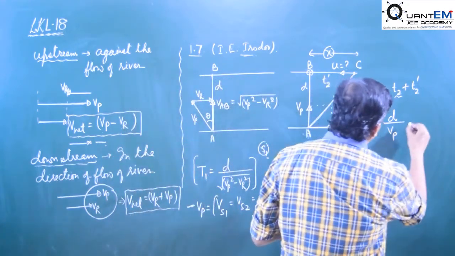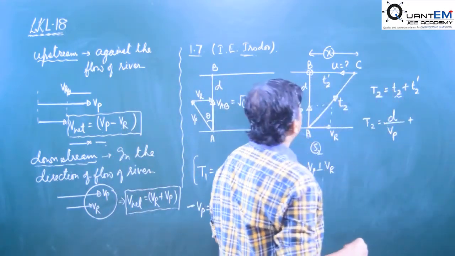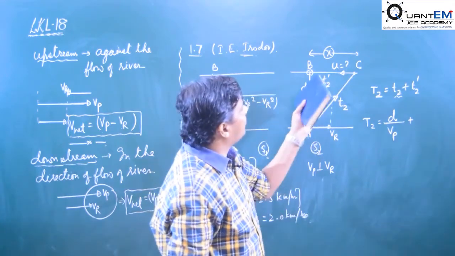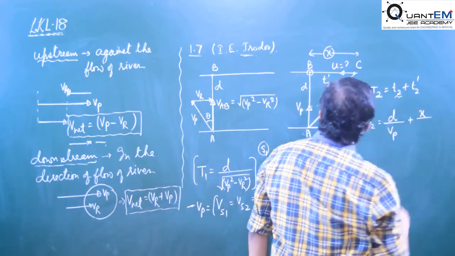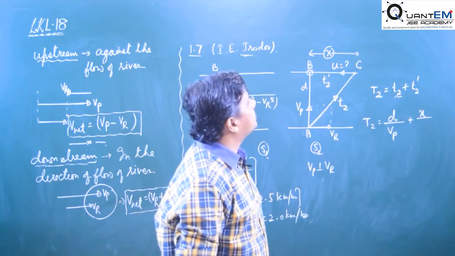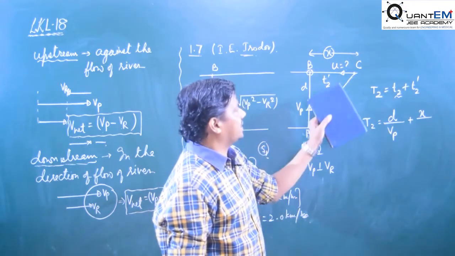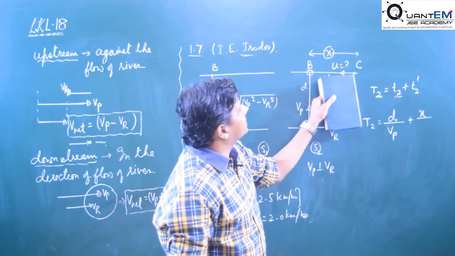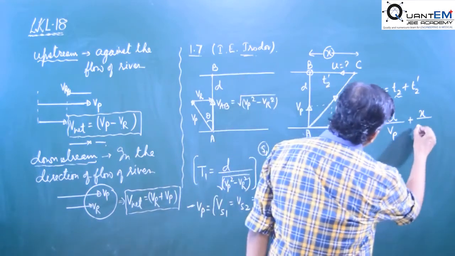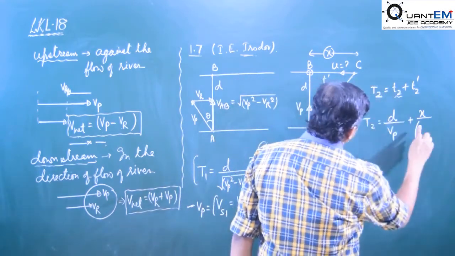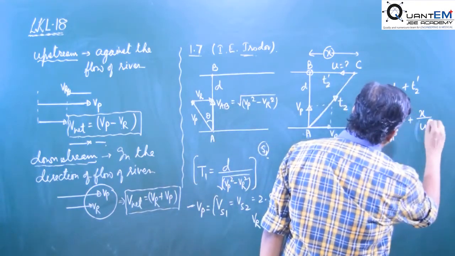Now we have to find T2 dash. T2 dash is the distance covered by the particle after crossing the river, that is x, divided by the velocity of the swimmer along that line. The swimmer has covered this distance x with what speed? u. So this will be distance divided by speed, x by u.